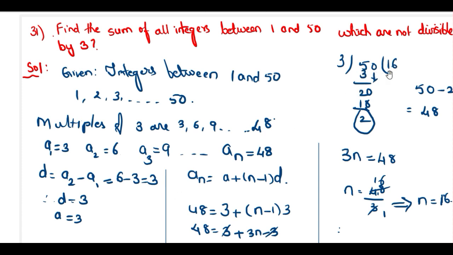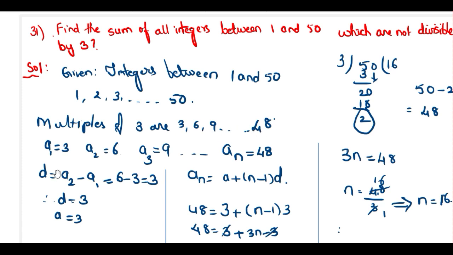Then 0 comes down, 3 6s are 18, upon subtracting we get 2. So the remainder we got here is 2. When you subtract this remainder from the given number, we get a number which is exactly divisible by 3. So, 50 minus 2 is 48. Now, this 48 is divisible by 3. So, the last term will be 48.